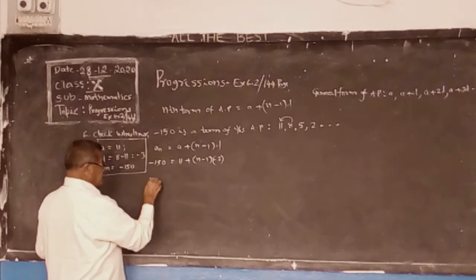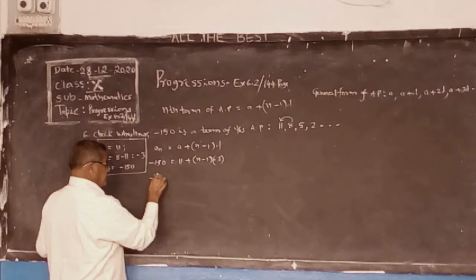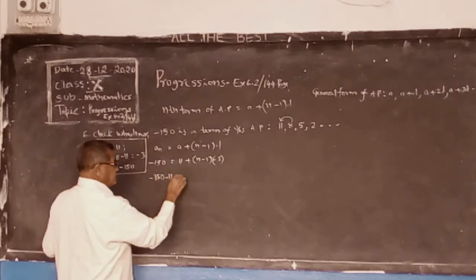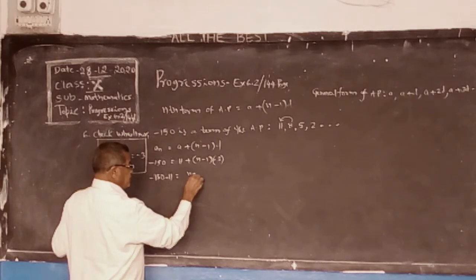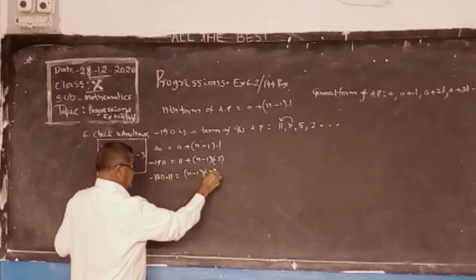This 11 will come this side as minus: minus 150 minus 11 is equal to (n minus 1) times minus 3.